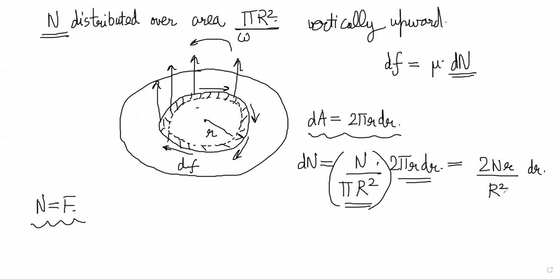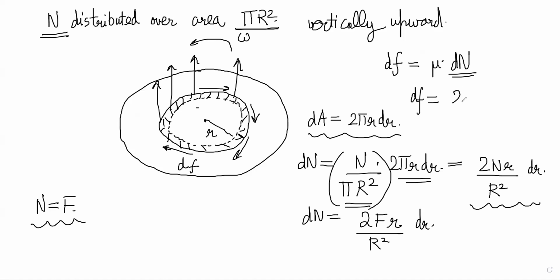This is basically the normal force dN, and N was equal to F, so we can write this dN as 2F small r by capital R square dr, right? And the friction force will become mu times this, so 2 mu F small r dr by capital R square. This is the friction force that acts on different portions of this ring, right?